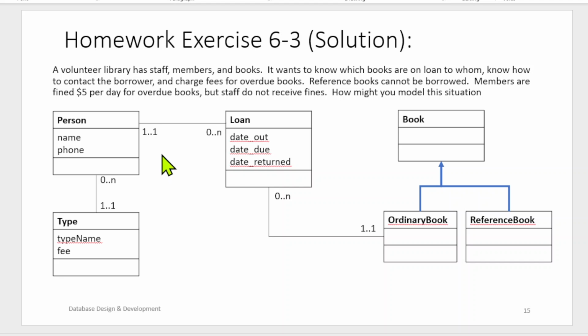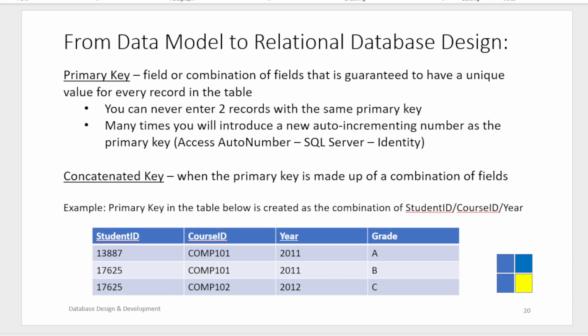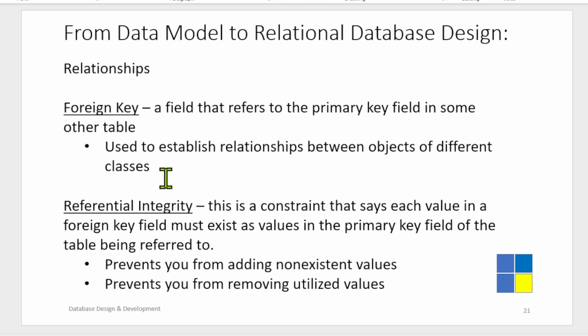To get an idea, you could have an ID number for this person, and then for the loan, you could have an ID number in here that referenced back. And that would be your foreign key, because it's from this table referencing another. I know we've gone over this a few times, but that's how it works. The foreign key is related to the primary key and goes back to it.